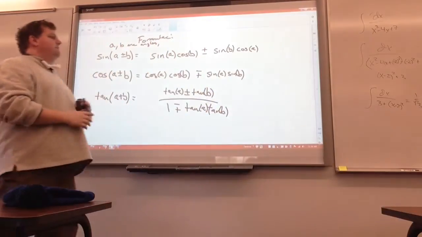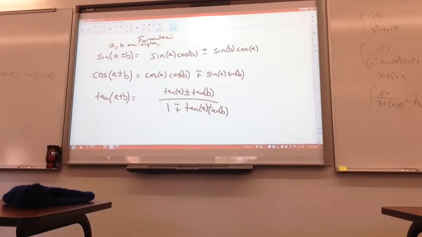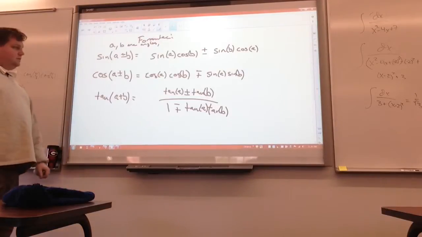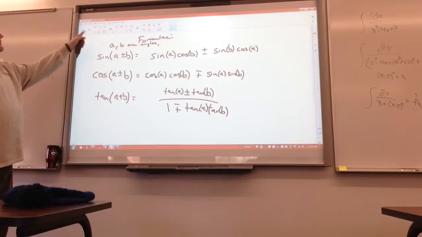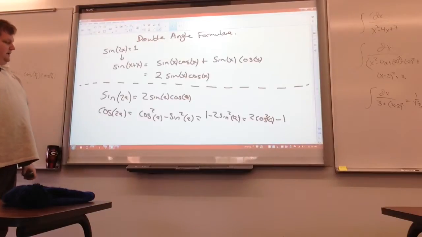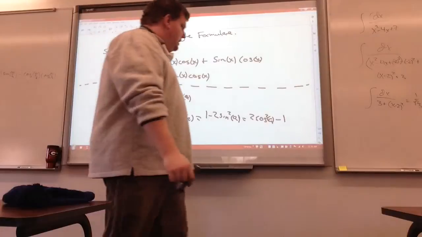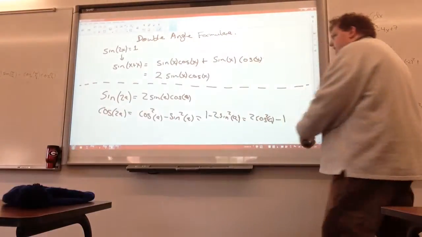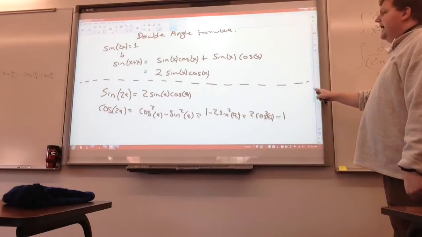There you go. So make sure you correct that in your notes. I flipped them by accident. Cosine comes first, and sine comes second. This is what they come out to down here. Any questions there? All right.